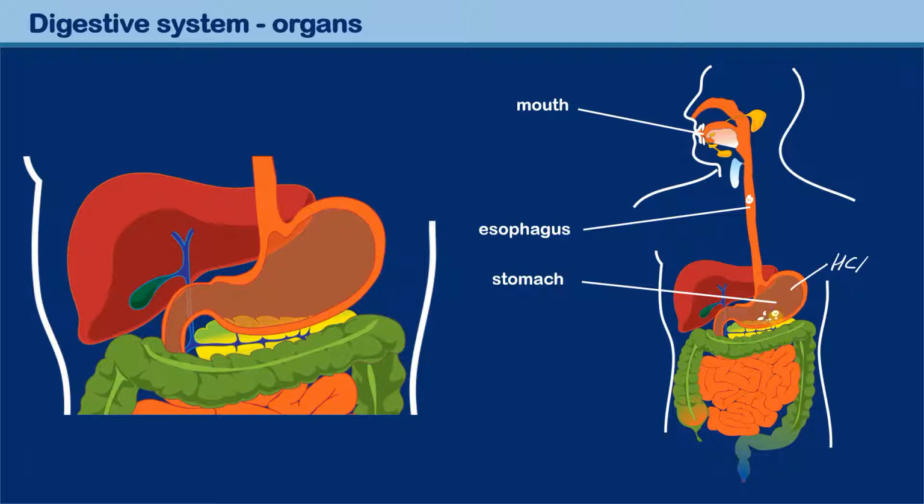Specifically, proteins are digested in the stomach. So we're down here. It's supposed to represent the food, and then the digested food is passed on into the small intestine, which is quite long, around 6 to 7 meters. After the food is digested and also absorption occurs here, it passes on into the large intestine, where water absorption takes place.